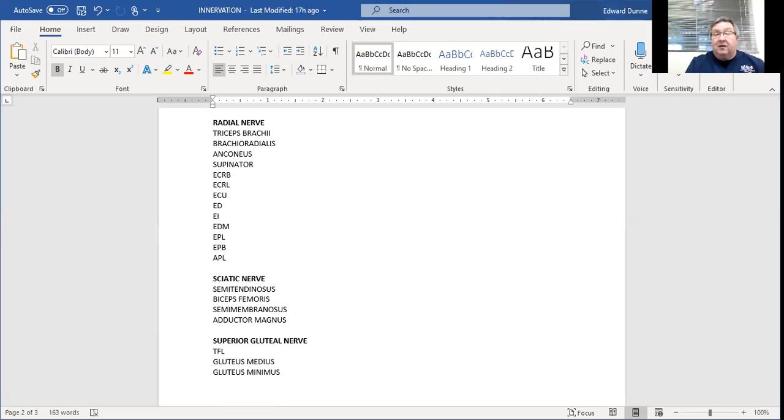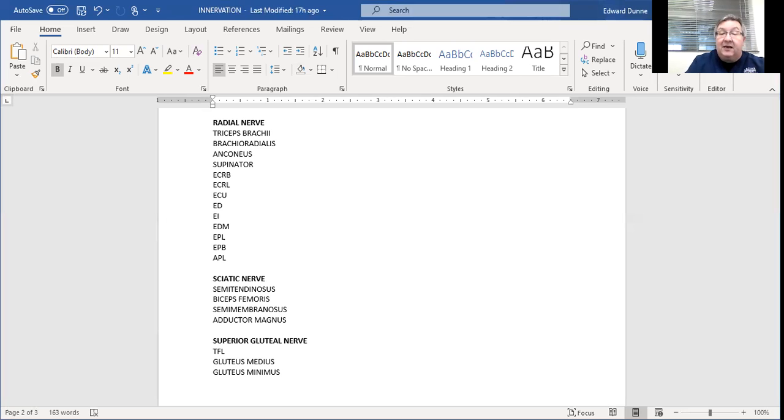I'll skip brachioradialis for a second. Anconeus is that small muscle that does elbow extension. Brachioradialis, though, does elbow flexion. Remember, it does elbow flexion with brachialis and the biceps brachii. The supinator muscle, that's innervated by the radial nerve. Now you will see the list of extensor muscles, which is quite vast here, that the radial nerve innervates.